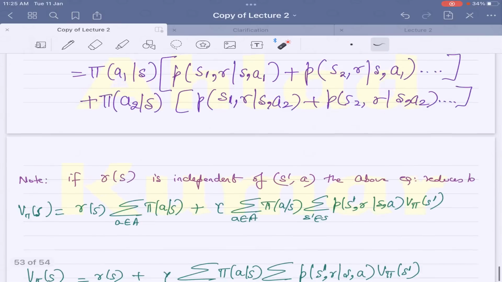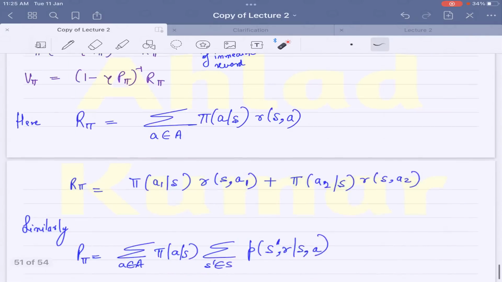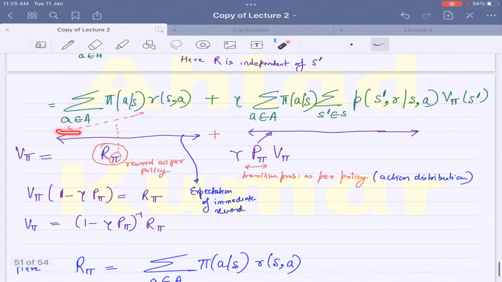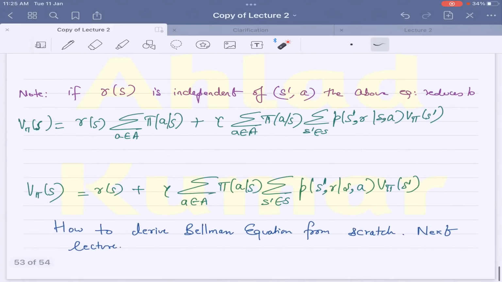But before going there, I just wanted to tell you one thing: if R is independent of state S prime and A, then in the above equation, if the rewards are independent of actions also, the rewards can be moved outside, and then you have a summation over all the actions that you are taking in a particular state.